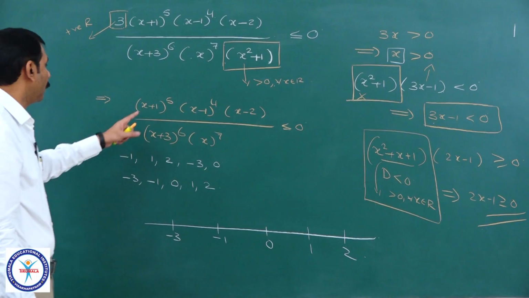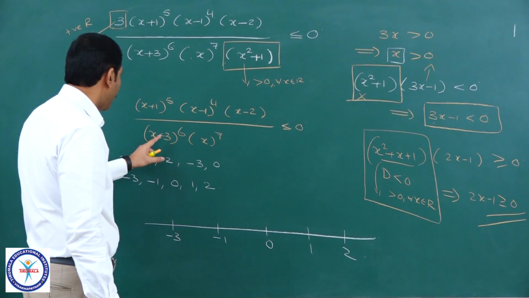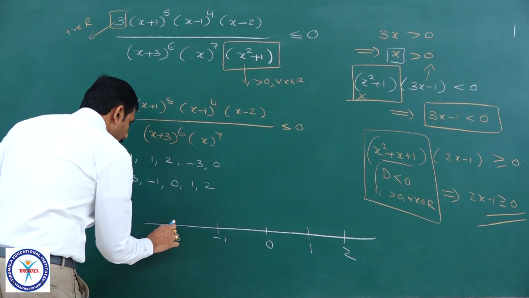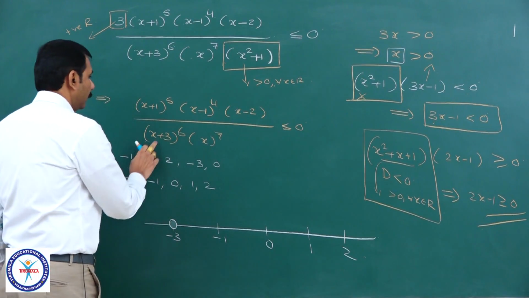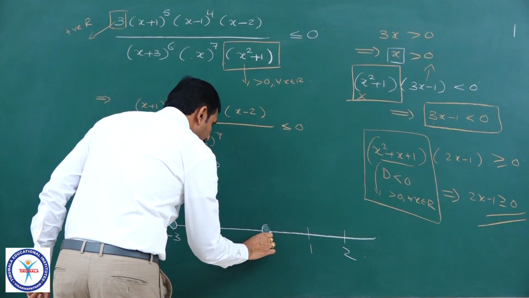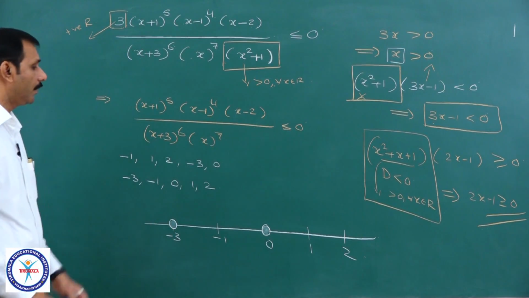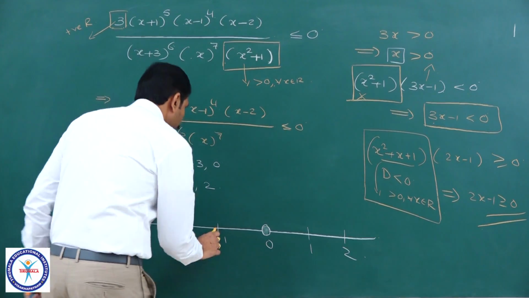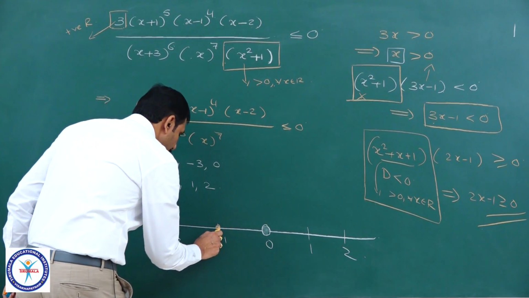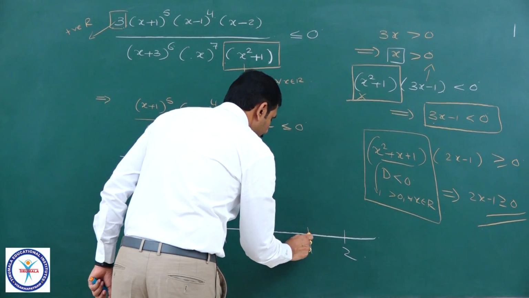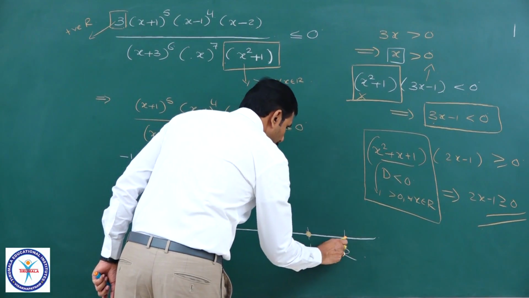First, zeros of numerator and zeros of denominator, −3 comma 0. Yes, this −3 with open circle and 0 with open circle, because these are the points of discontinuity, that should not be included. And −1, 1, 2 dark circles, because in the solution they can be included. 1 included, 2 included.